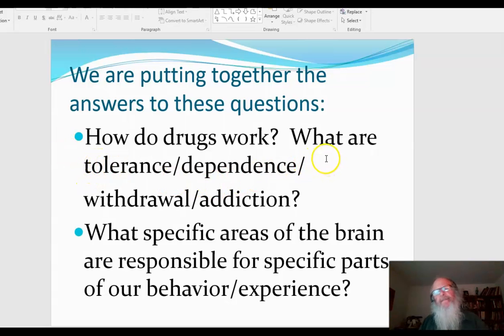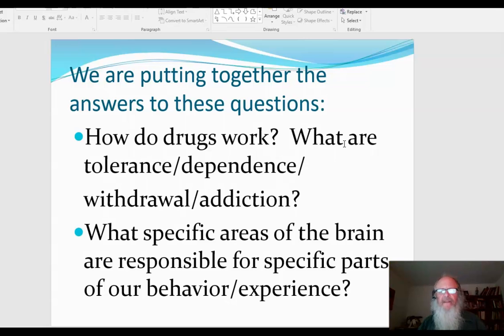Specifically, we're working on answering it in terms of any drug, any chemical, pharmacological substance that a person might ingest, and which changes her or his psychological experience and affects their behaviors.